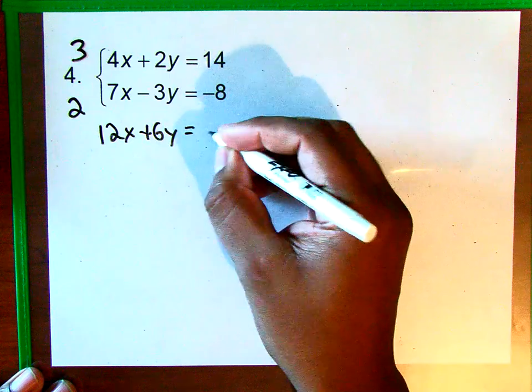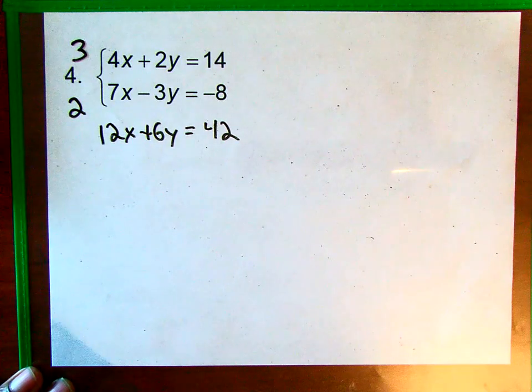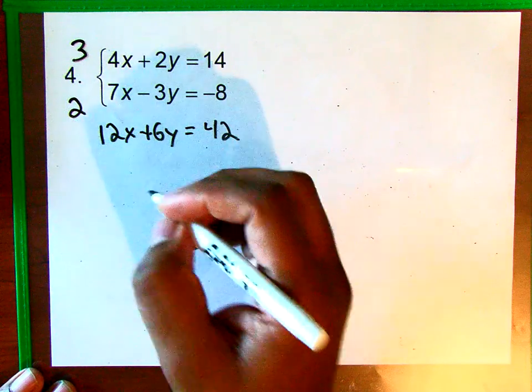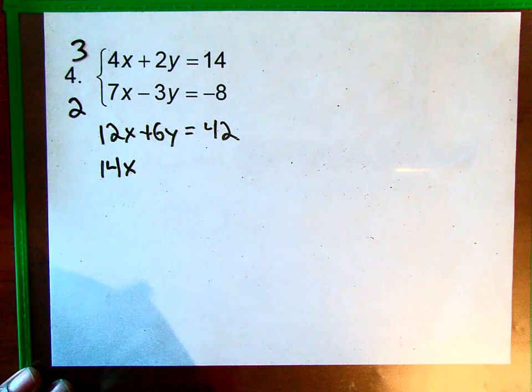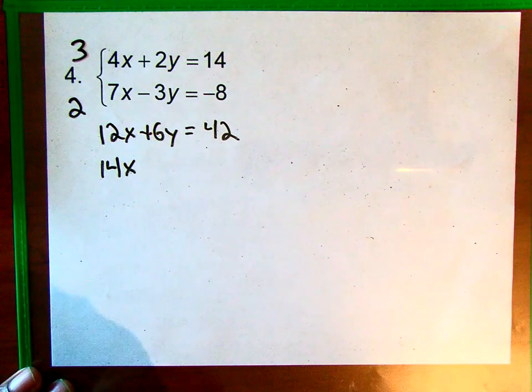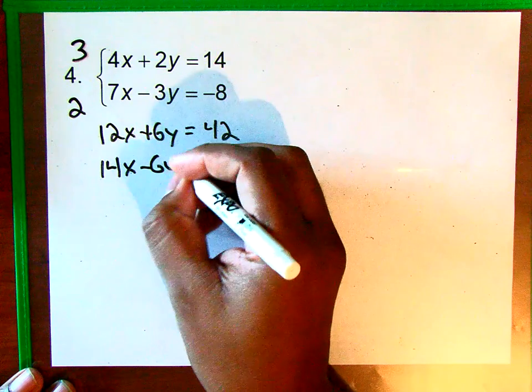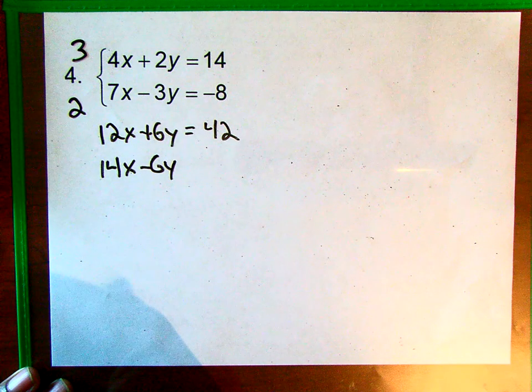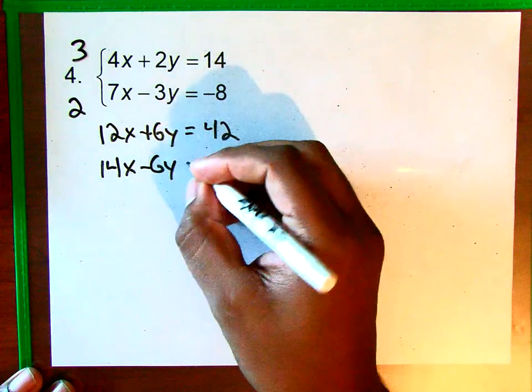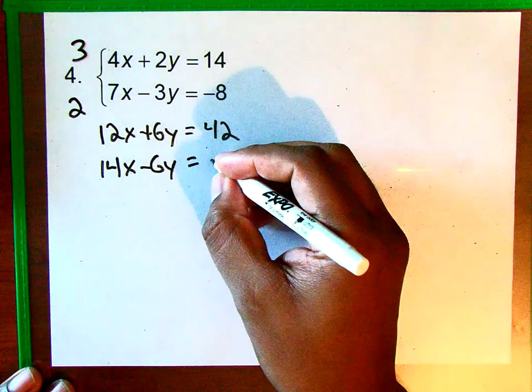And 3 times 14 will be 42. Then next, I'm going to take the 2, multiply it times 7. That's going to get us 14. 2 times negative 3 is going to be negative 6. And 2 times negative 8 is going to get us negative 16.